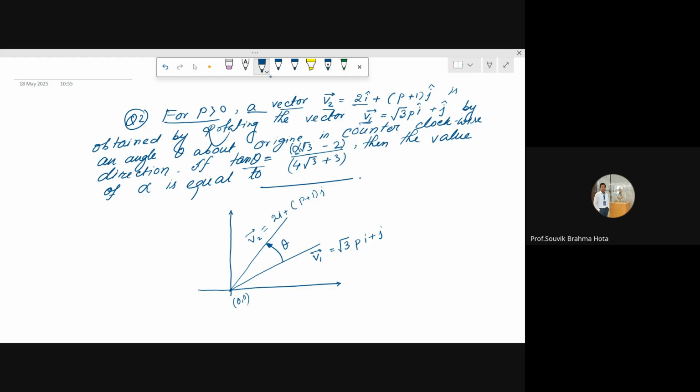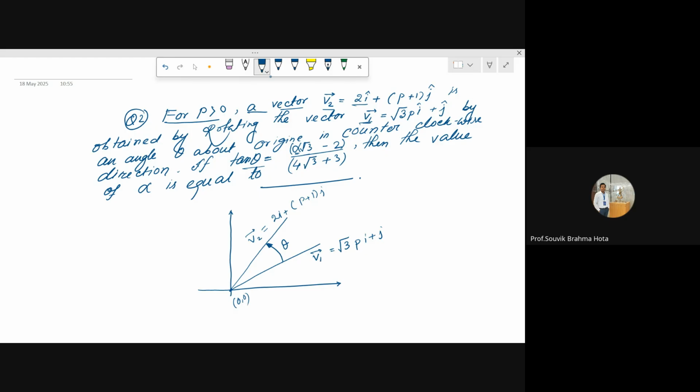Now the first concept that we must understand: when it gets rotated, and the statement itself says that v2 is obtained by rotating v1 at an angle theta, that means the magnitudes of v1 and v2 are equal.